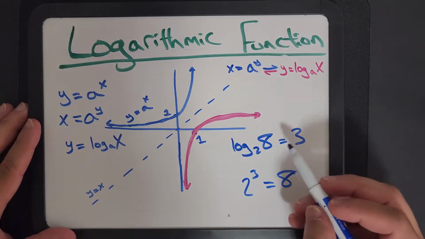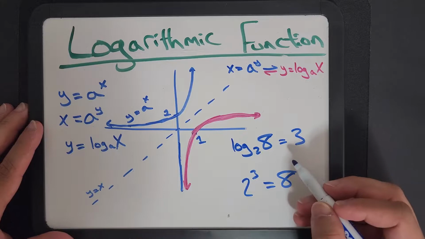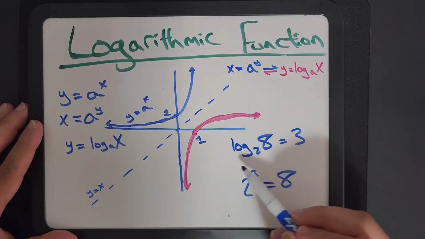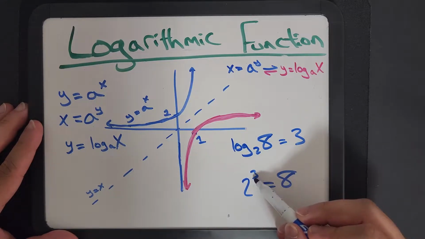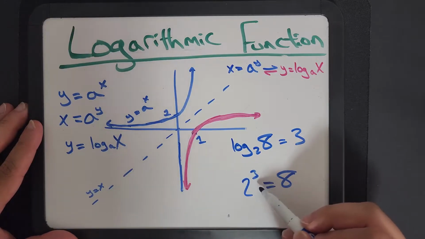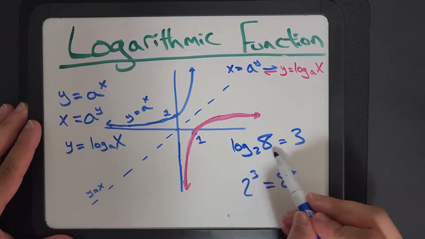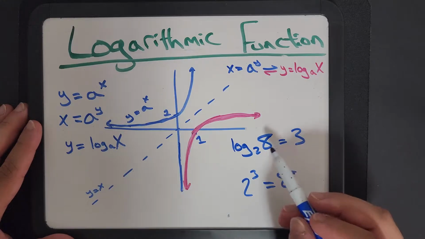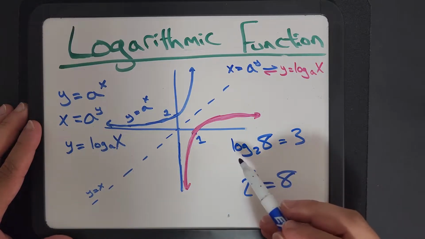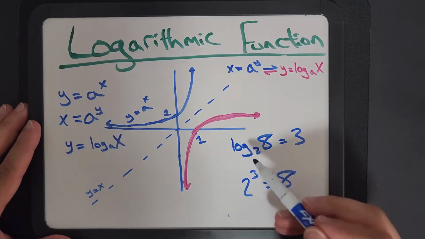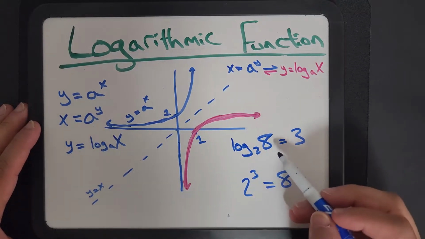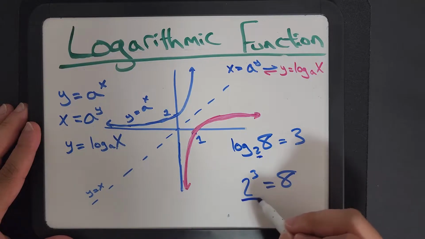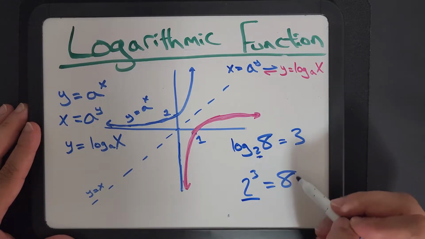So what I was saying before is that this expression is basically giving you the exponent 3. In 2 to the power of 3, 3 is the exponent. When you punch it into a calculator, it gives you the exponent, you'll get 3. And that tells you that 3 is what you need to apply as an exponent to your base, which is 2, to get x, in this case 8.